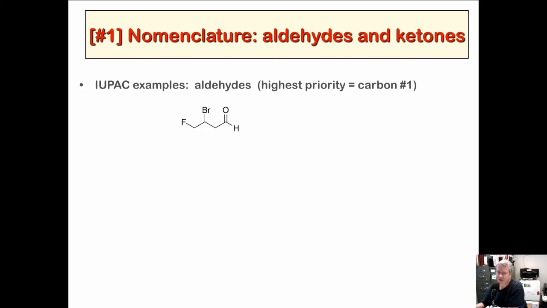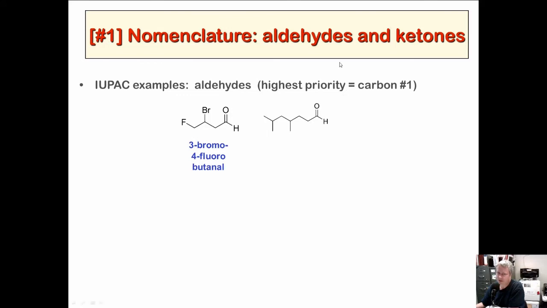The aldehyde or ketone will define the numbering system. An aldehyde is really easy because it just becomes number 1. It's like 1, 2, 3, 4, right? It's something butanal. And it's 3-bromo-4-fluorobutanal.